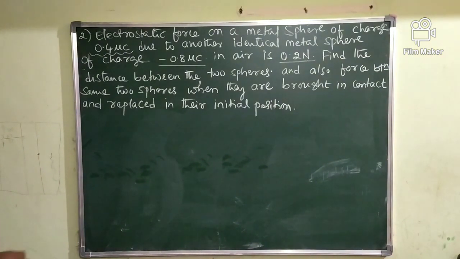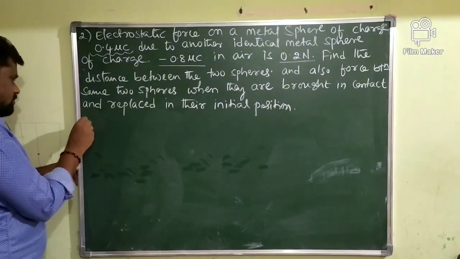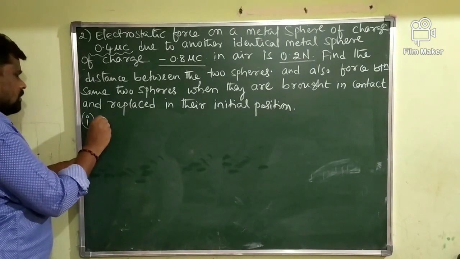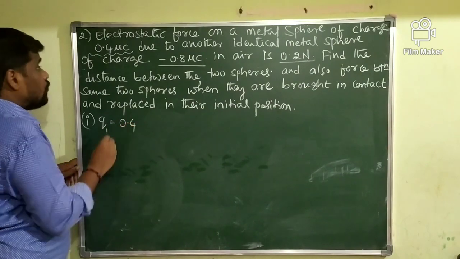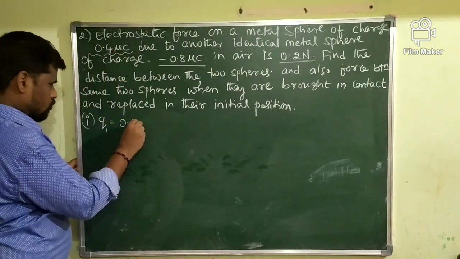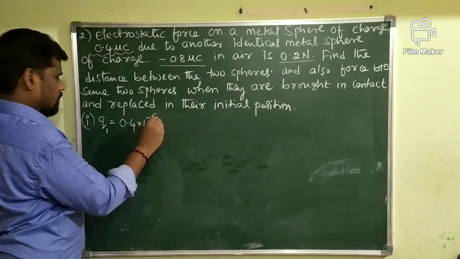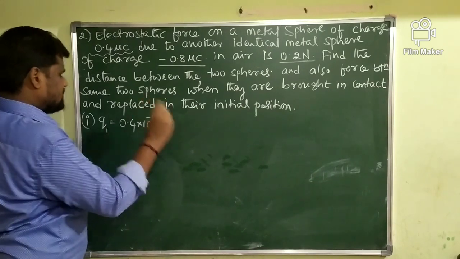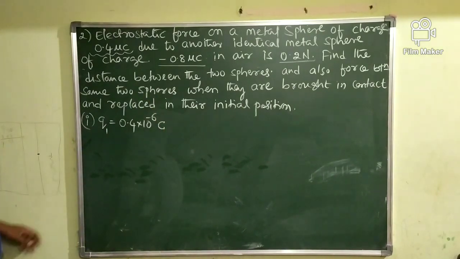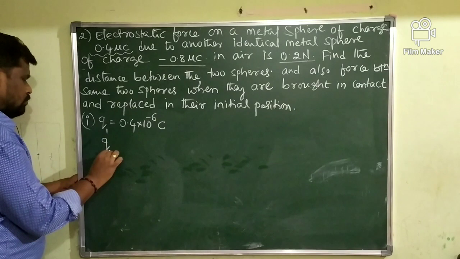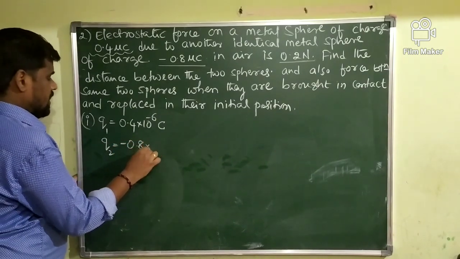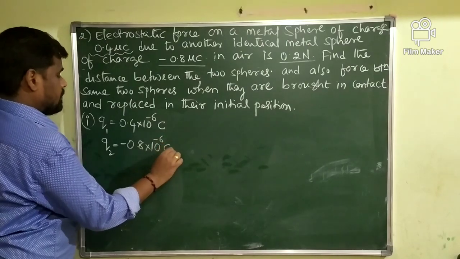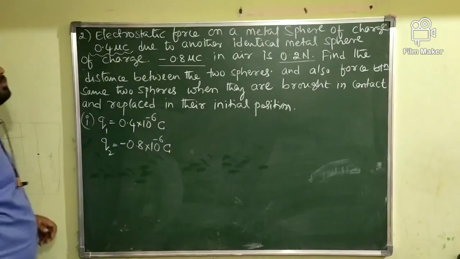In the first case, what they have given? In the first part of the problem, Q1 is given. What is Q1? 0.4 microcoulomb. Micro means 10 to the power minus 6 coulomb. What is Q2? Q2 is minus 0.8 into 10 to the power minus 6 coulomb.